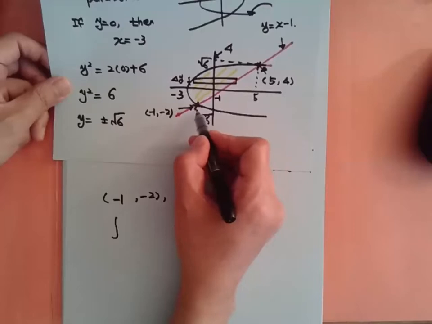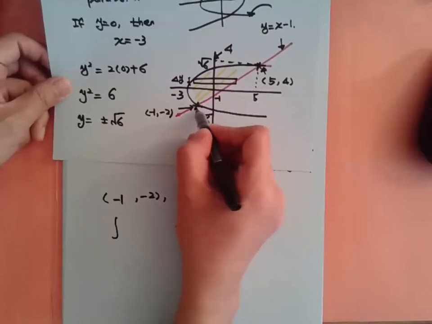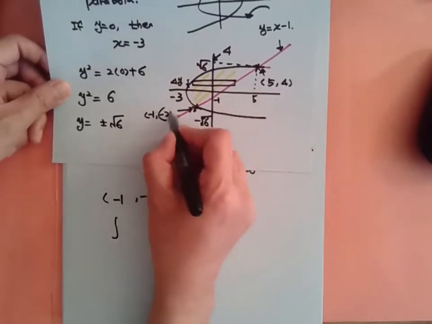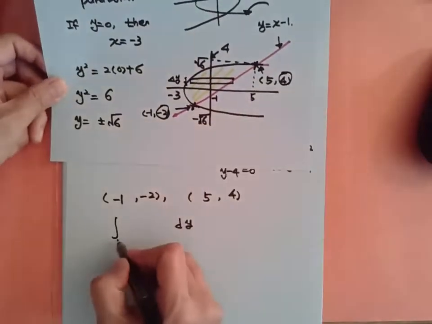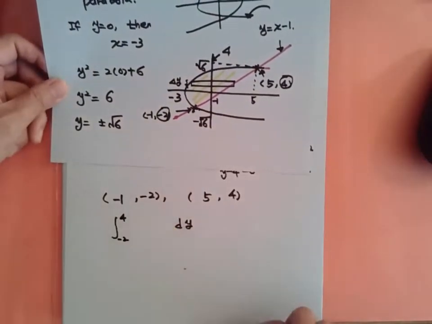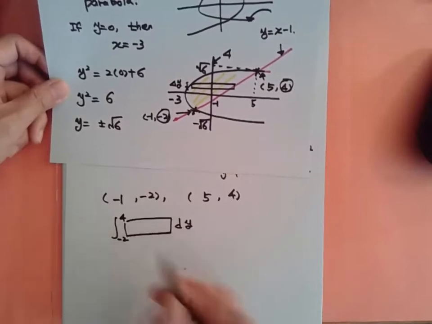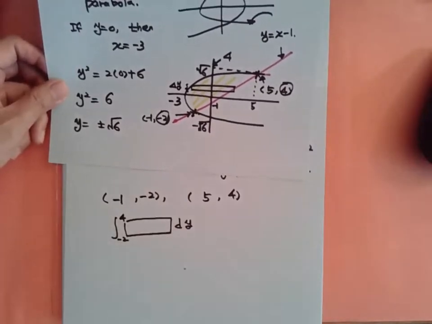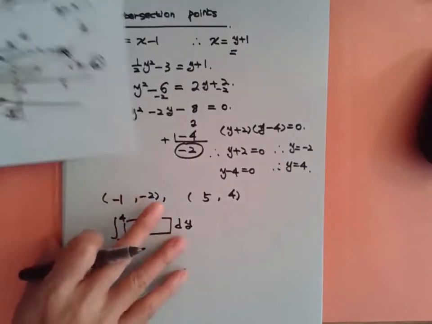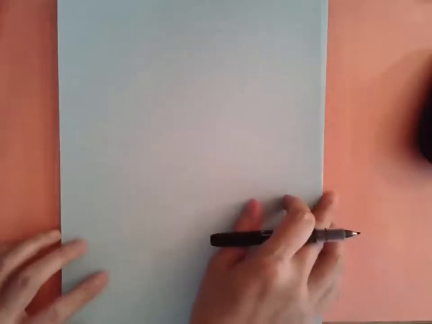So the y range is from minus 2 to 4. And the equation looks something like this. Let me write it down again.